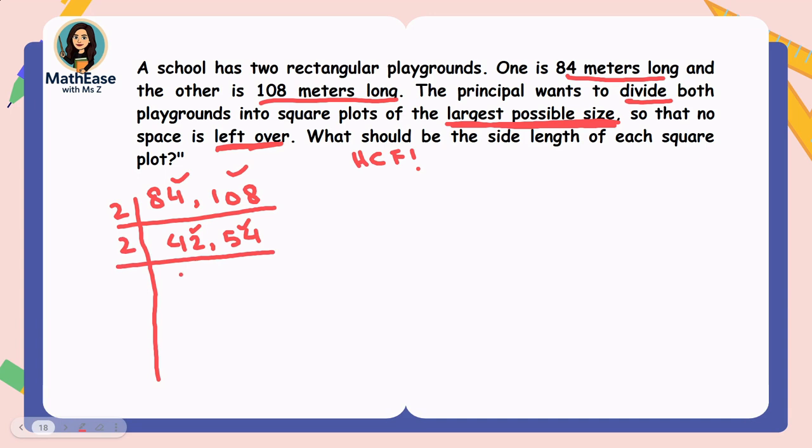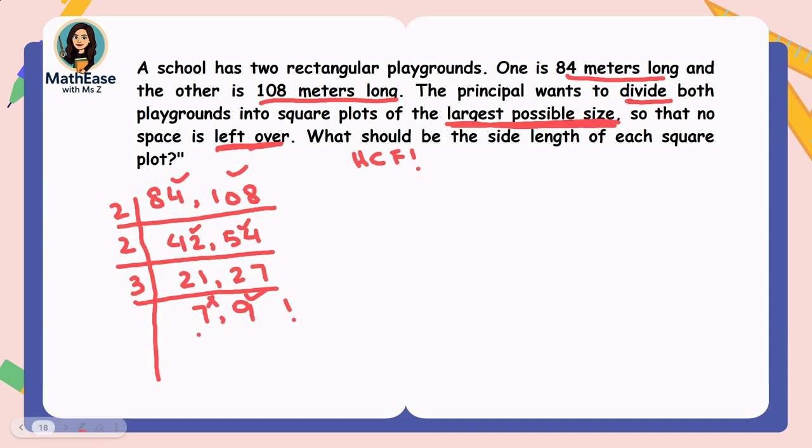42 divided by 2 gives us 21, and 54 divided by 2 gives us 27. Now, both of these numbers are odd, but luckily, even though they can't be divided by 2, they can be divided by 3. So 21 divided by 3 gives us 7, and 27 divided by 3 gives us 9. Now we have to stop here because even though 9 can be divided by 3, 7 can't.